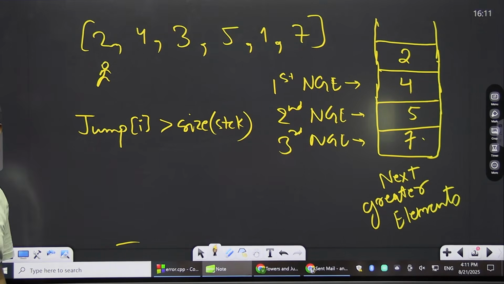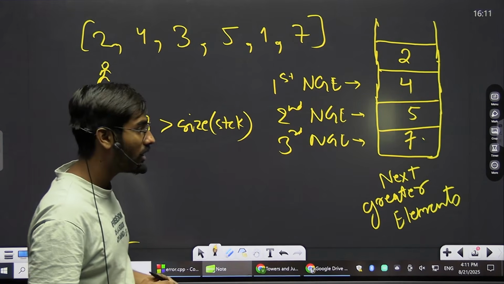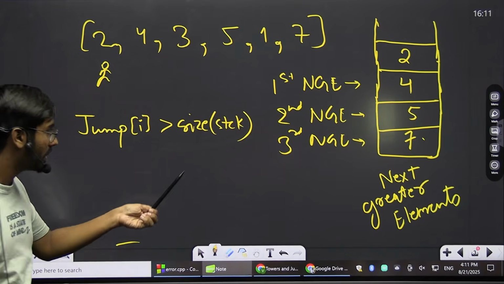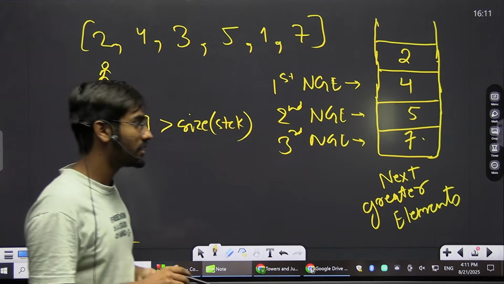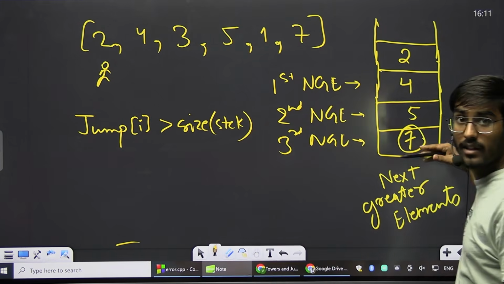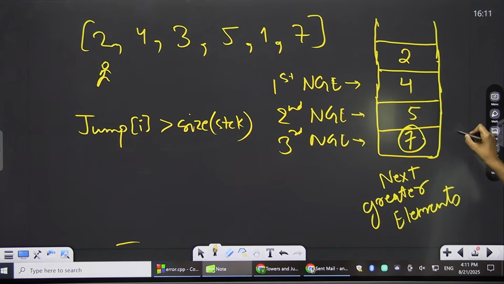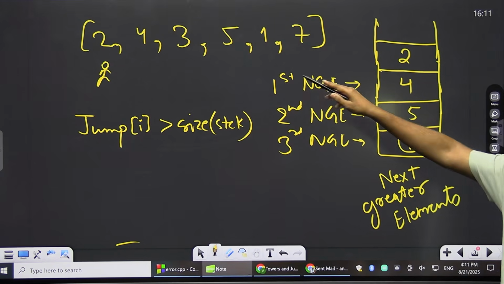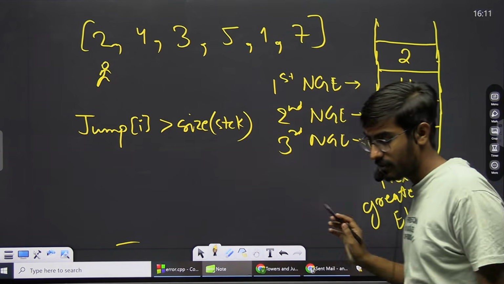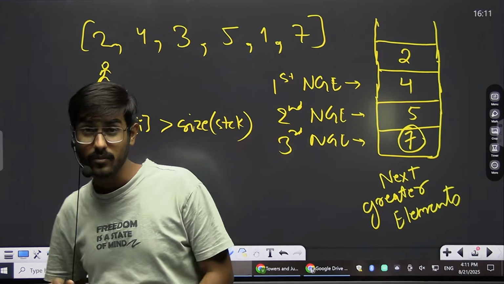There will be a limit. So what is the maximum height this person can reach? If jump I is greater than the size of the stack, then the last element present in the stack is the maximum height this person will be able to reach.